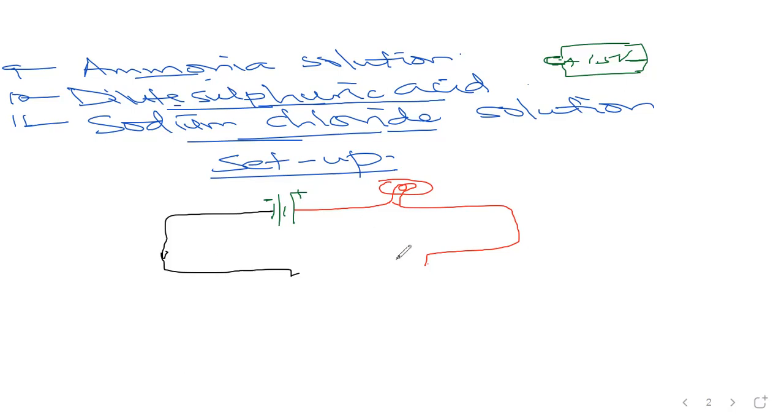Now your iron nails may work as your anode and cathode respectively. So you have the anode and the cathode connected to each of those wires. You have this one here, and this one this side. Of course, this is your bulb. This is your connecting wire.